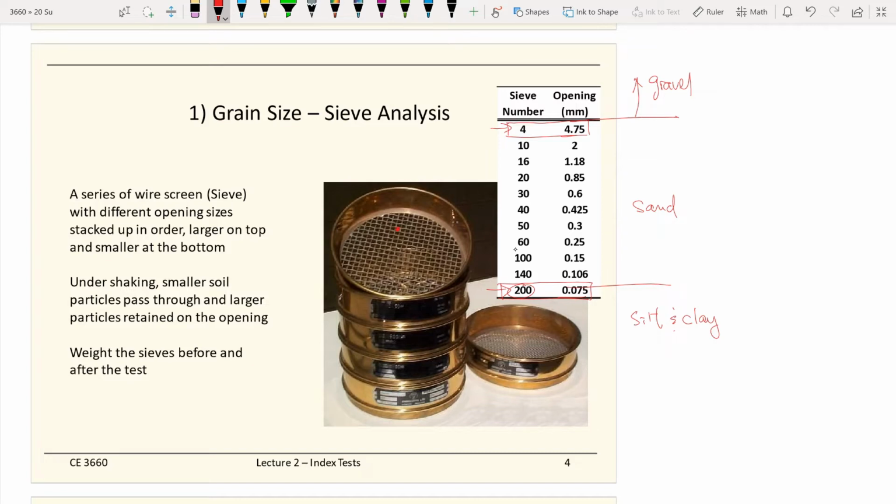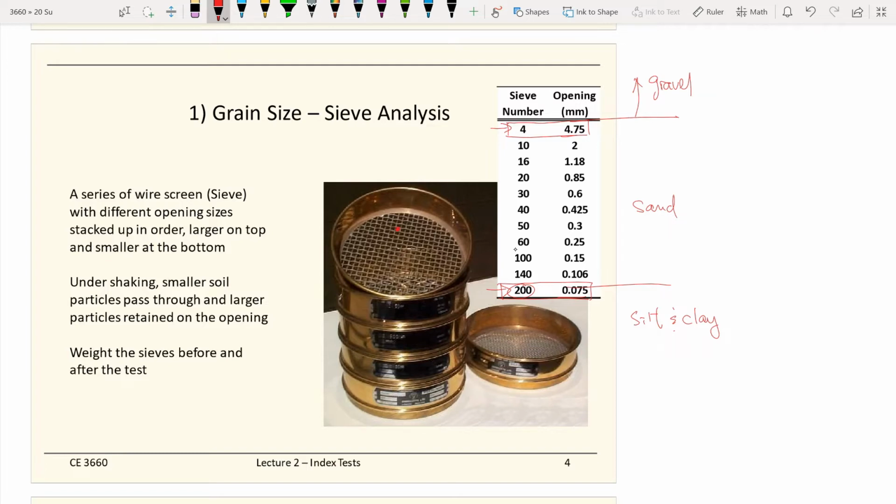That's why picking up this terminology is important, because when you talk with a professional geotechnical engineer, they expect you to know. For example, they will tell you your site has a lot of material passing number 200. Then you should be concerned about settlement issues, because when people tell you that you have something passing number 200, you know that this is silt and clay.